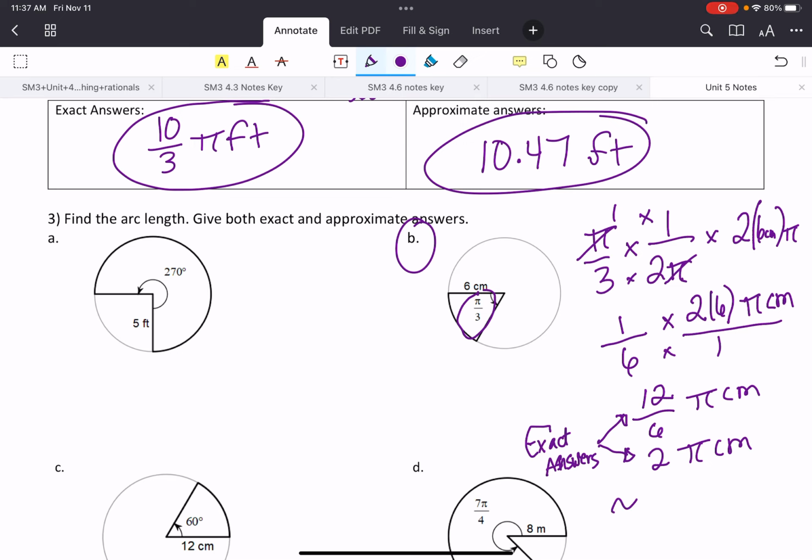Our approximate, now we can finally multiply by pi because we're at the end. 6.28. Is that what you got? Yeah. That is approximately 6.28.